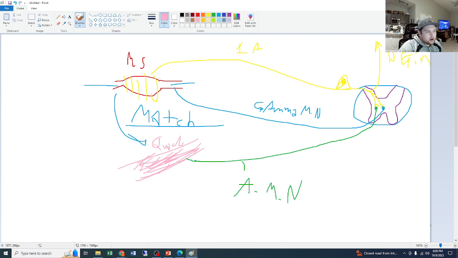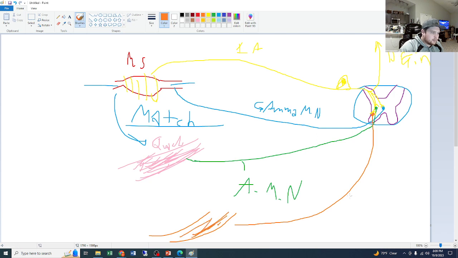That other muscle group, in this case, the opposite of the quads, is the hamstrings. They also are going to have a little sensor here. So this is the alpha motor neuron that goes to the hamstrings.